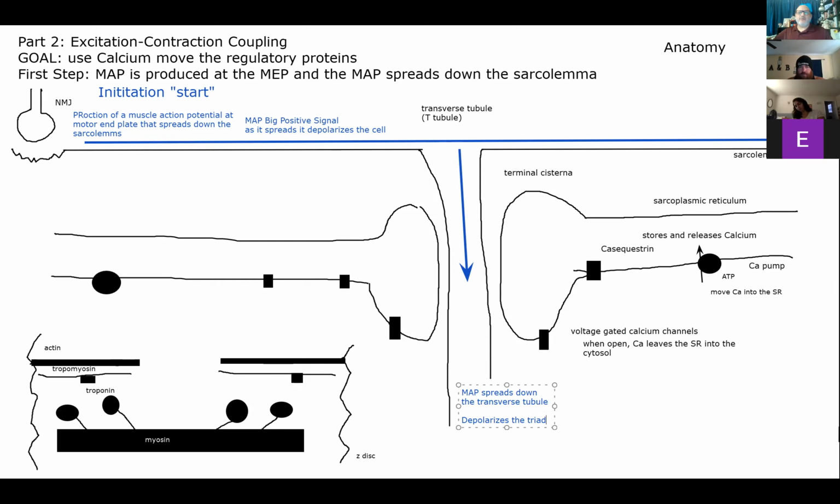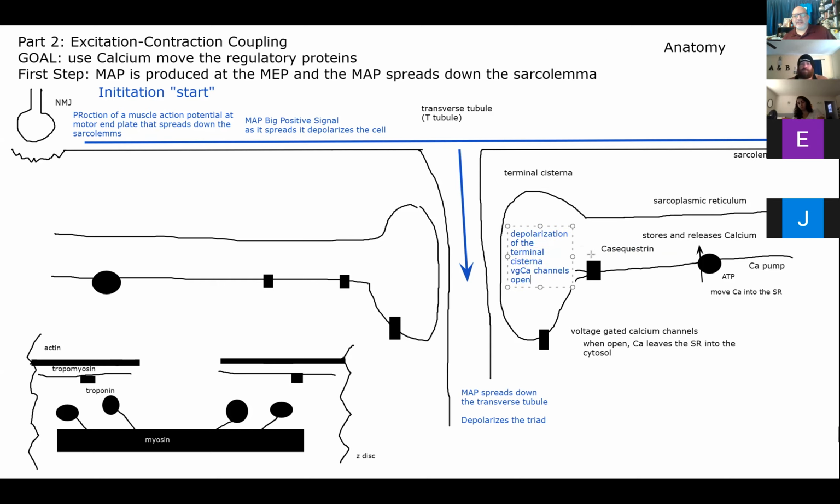Now again, because we're always thinking of the immediate effects, what is the immediate effect of the depolarization of the terminal cisternae? The voltage-gated calcium channels opening. There you go. Voltage-gated calcium channels open. Excellent. And when those voltage-gated calcium channels open, what happens next? Calcium makes a run for it. Exactly. I like that. Absolutely.